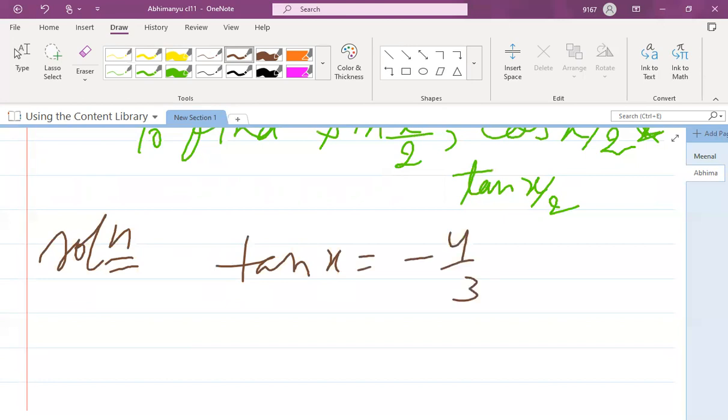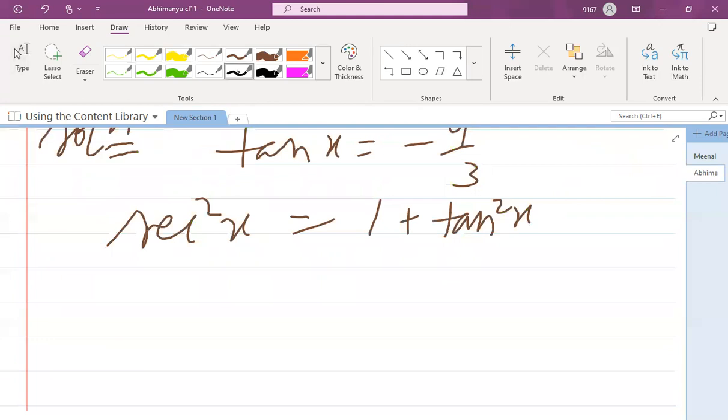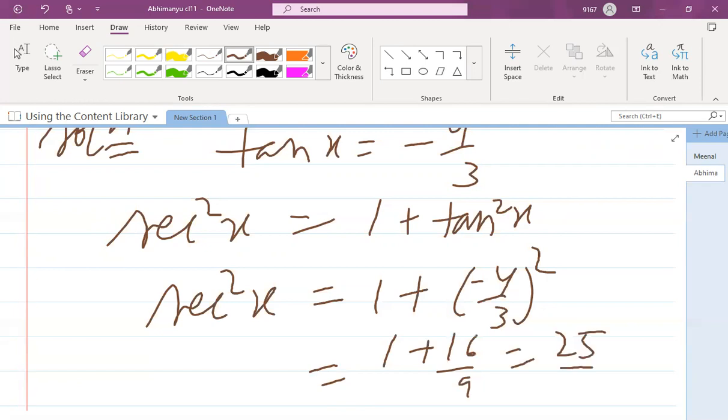So starting from the identity sec square x equals to 1 plus tan square x. This identity से शुरू करना. So this becomes sec square x equals to 1 plus negative 4 by 3 whole square, which implies 1 plus 16 by 9, which implies 25 by 9.